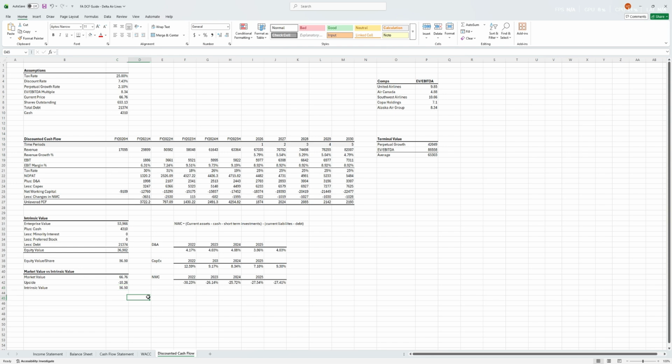But let's just say that the discounted cash flow grabbed this intrinsic value of $56.50 per share. That is less than the current market value of Delta, meaning that my discounted cash flow model is valuing the actual equity value of Delta lower than what the market is valuing Delta at, which could be a bearish signal in this scenario. So that's just kind of a way to interpret your DCF.